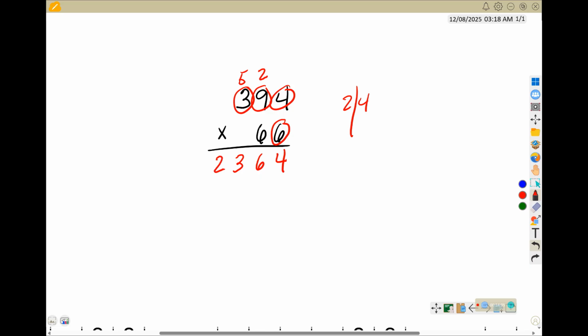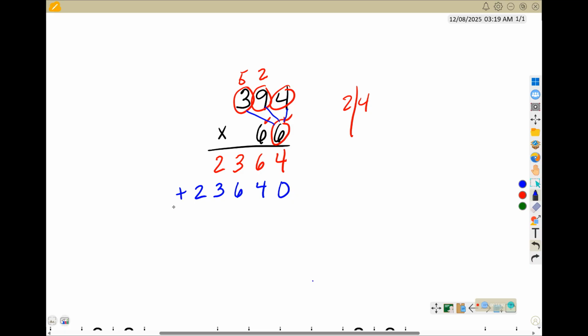Okay, since I have the same number, this is the part that is actually easy, so pay attention. This 6 is a 60, so I'm going to place my 0. Since I just multiplied 6 times 4, 6 times 9, 6 times 3, and I got my answer, all I do is place a 0 and then copy my answer over. 2364, but with a 0 that shifted the place value.